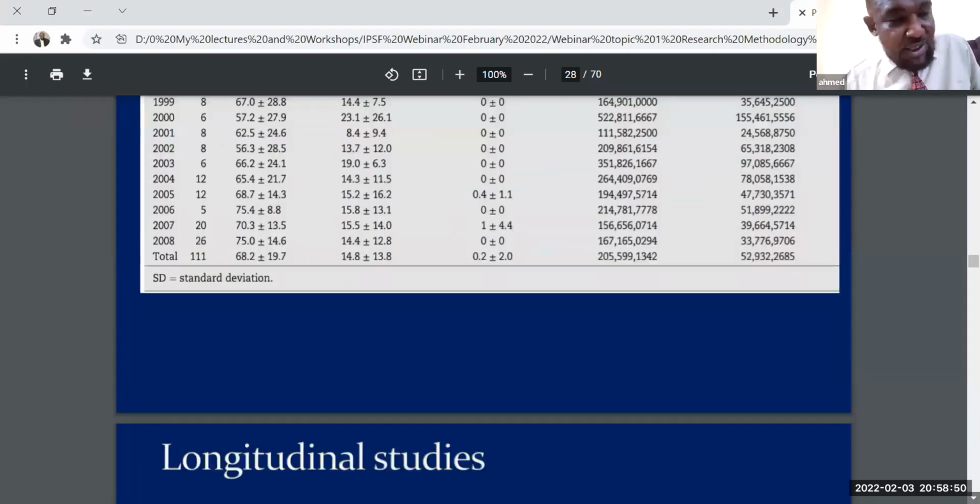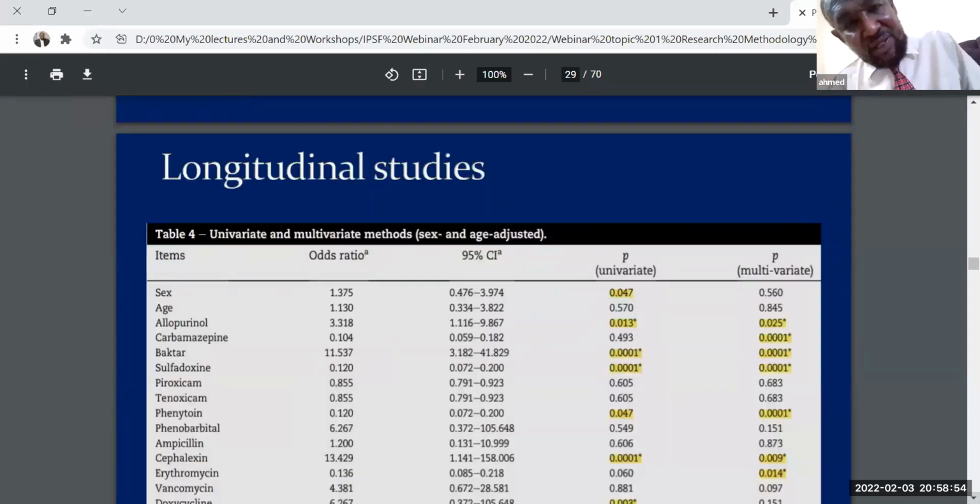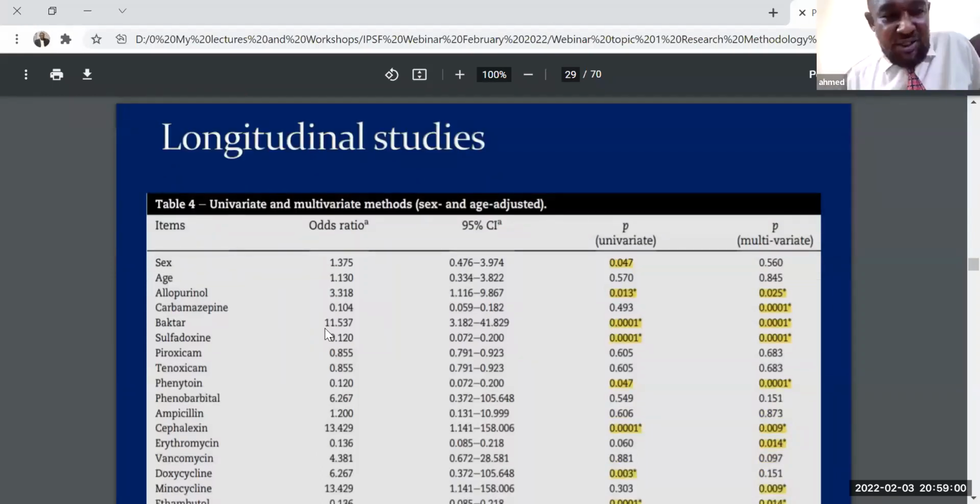This table uses univariate and multivariate methods. Here, this is regression analysis, and they use univariate, which means they are seeing the effect of an independent variable on the dependent variable. So they have what's called the odds ratio. Odds ratio is one of the tools used to estimate risk.